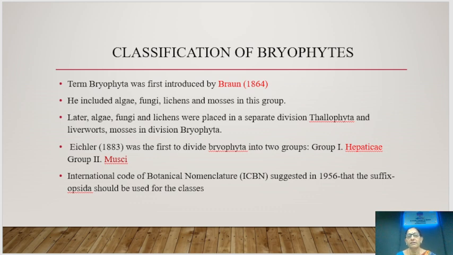Eichler in 1883 divided the bryophytes into two groups, which he called Hepaticae and Musci. According to the International Code of Botanical Nomenclature in 1956, the classes are to be given the suffix Opsida.